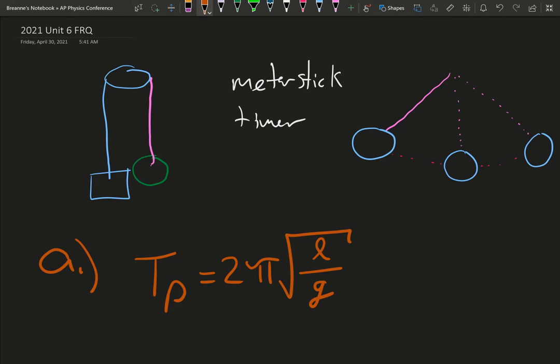That's what these students are trying to solve for, the acceleration due to gravity. The L is just the length of the string. That's why you need the meter stick. And then remember, period is just how long it takes to do one back and forth. So yeah, you get a point for putting that equation. There's actually no explanation in this one. You just had to put the equation.